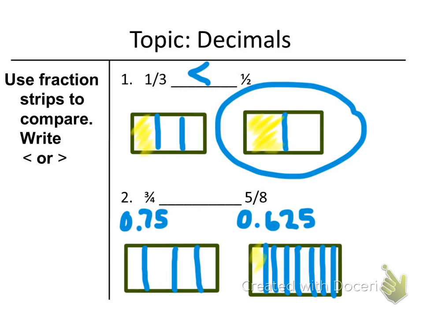And then this would be 1, 2, 3, 4, 5. So you can obviously tell that 0.75 is greater than 5/8, 0.625.